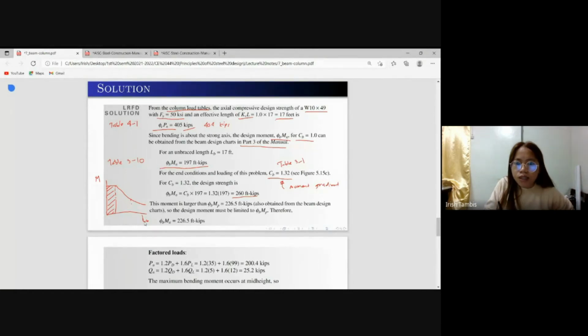This phi sub B times the M sub P should be your limit state. It should not exceed your phi times the nominal moment.